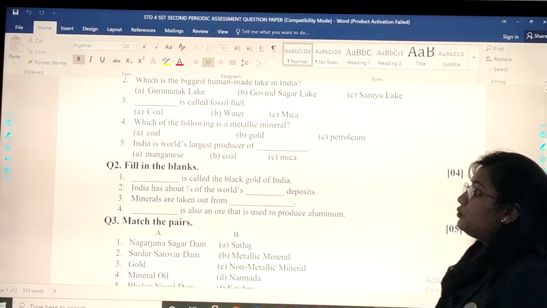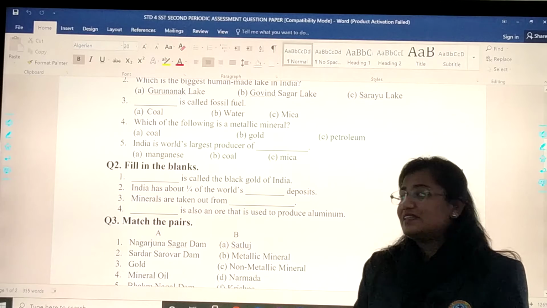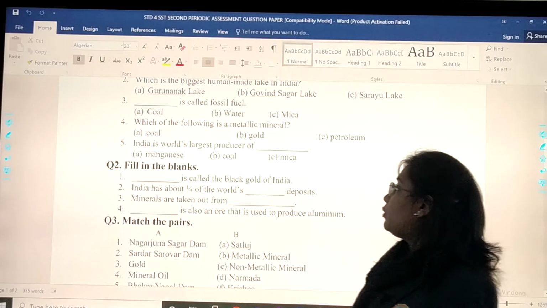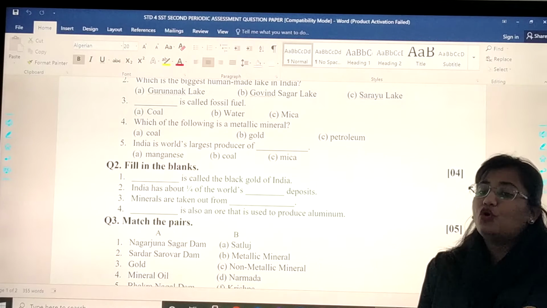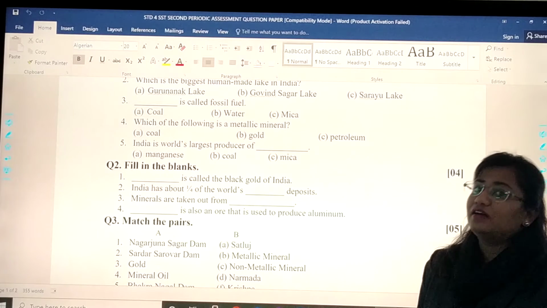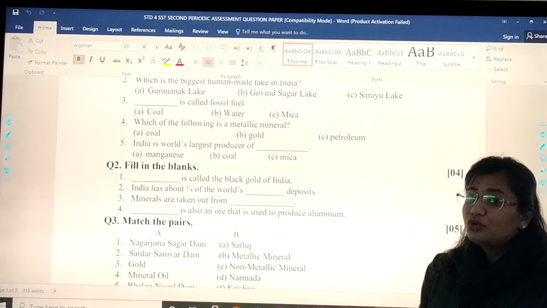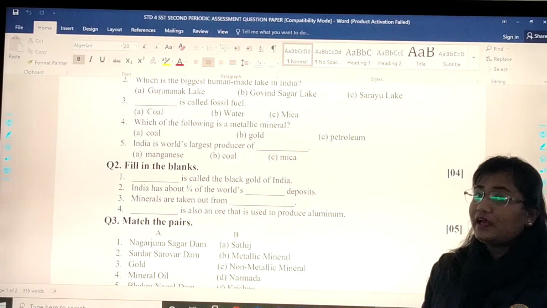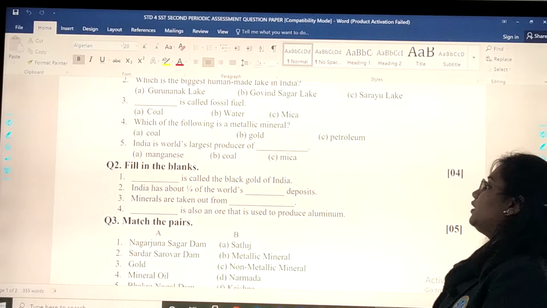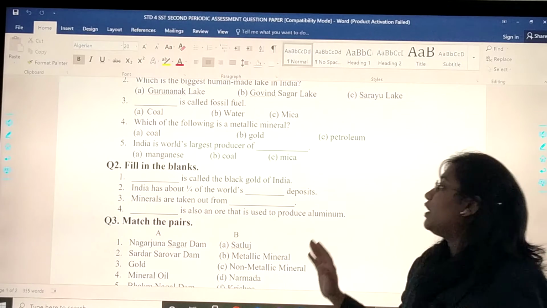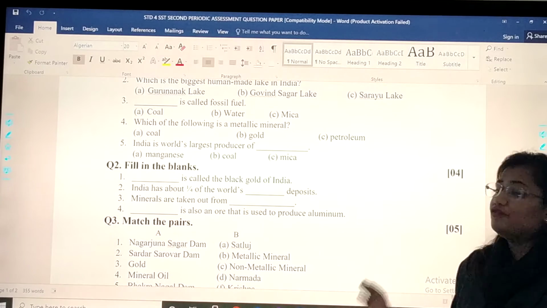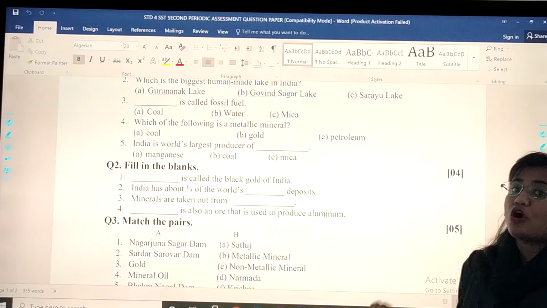Question number 2. Fill in the blanks. Dear children, your blank number 1 is dash is called the black gold of India. Dear children, you need to go through your textbook while preparing. I hope you have done that. Number 2. India has about 1/4 of the world's dash deposit.